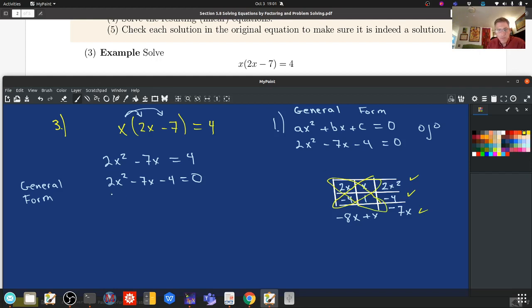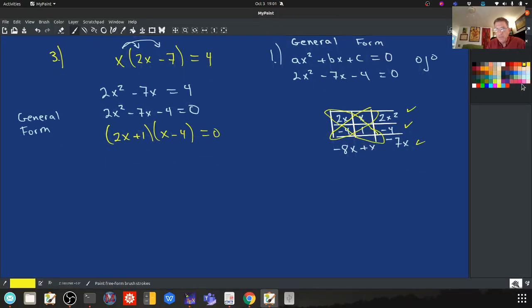So this is equal to 2x plus 1 times x minus 4, and that's equal to 0. So now all I have to do is use the zero factor property. That implies 2x plus 1 is equal to 0, or x minus 4 is equal to 0.